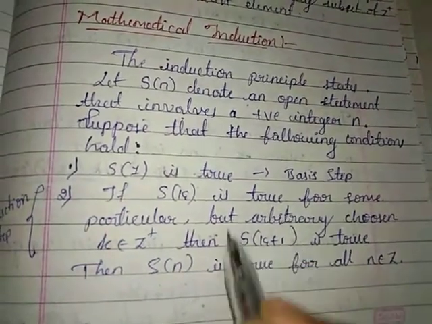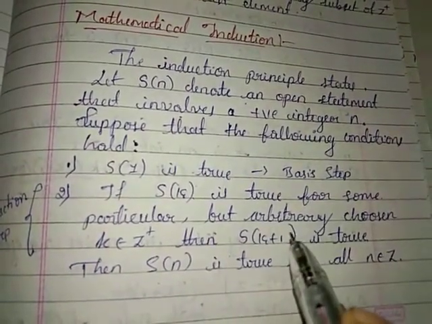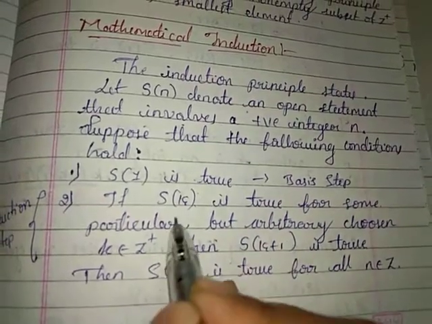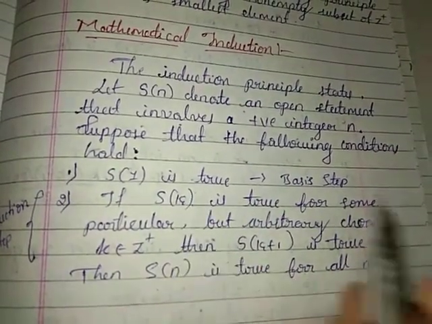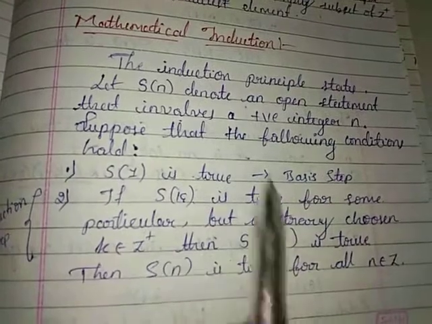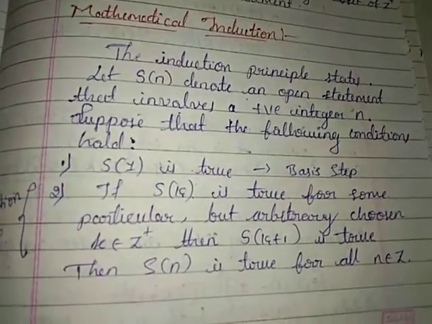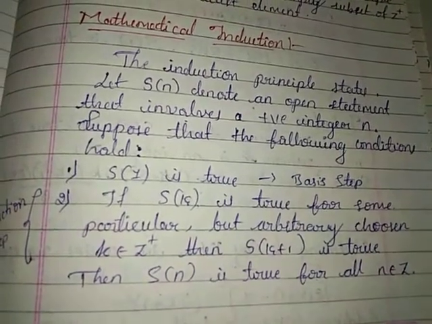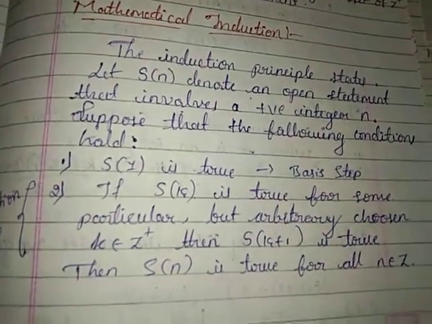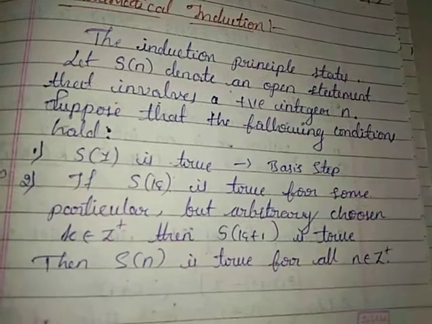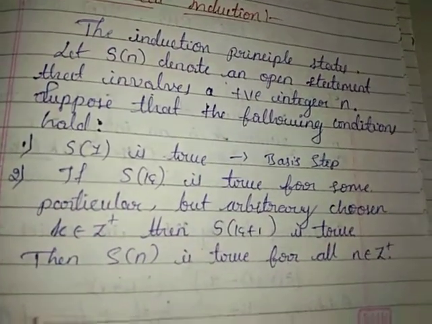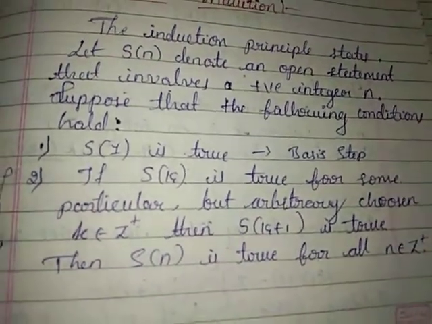Once we prove both steps, we declare that the given statement is true for all values of n, which are the positive integers we have taken.